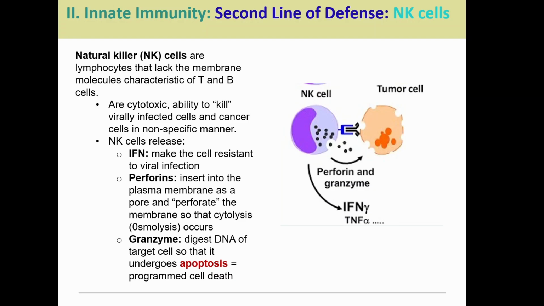And this is going to trigger apoptosis, or programmed cell death. So the natural killer cells release interferon to protect healthy cells. And if a cell is infected or cancerous, we can use perforins to break the cell open, and granzymes to destroy the DNA and cause the cell to break down in a controlled manner.